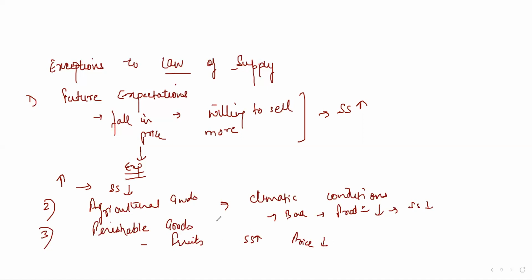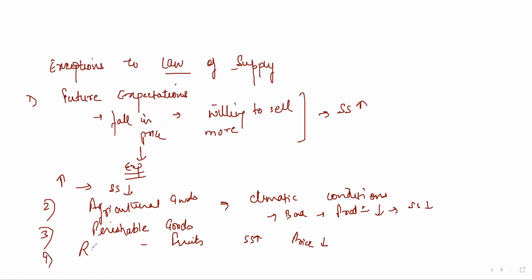Because if I don't sell it today, in any case, it's going to be waste tomorrow. Initially, obviously, if the prices are rising, I'll supply more. But the moment that state of perishing is very near, even at low prices, I would be willing to increase my supply and finish my stock.